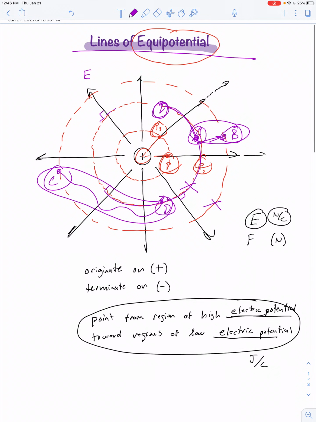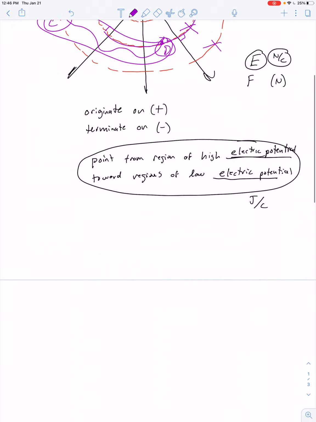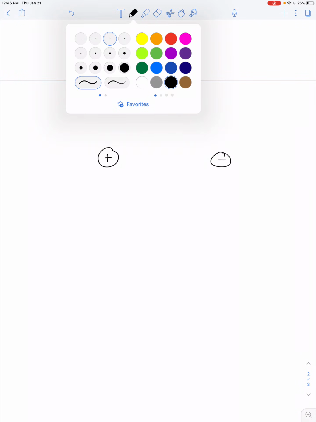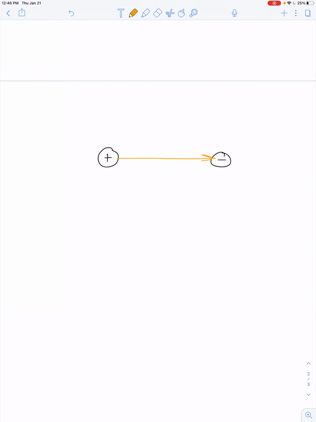Okay, so let's draw some pattern of lines of equipotential for some of the charge arrangements that we saw in the previous lesson. So let's go with the electric dipole. So we know the pattern of electric field lines. Looks something like this.